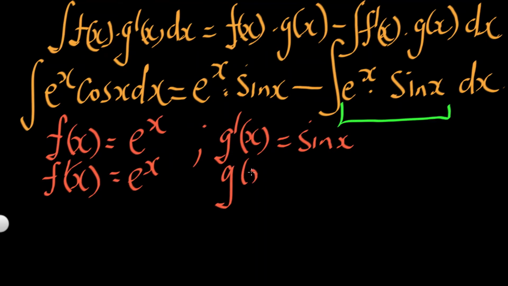This means g of x, which is the antiderivative of sine x, or the integral of sine x, if we integrate sine x, we get minus cos x. So this is minus cos x.